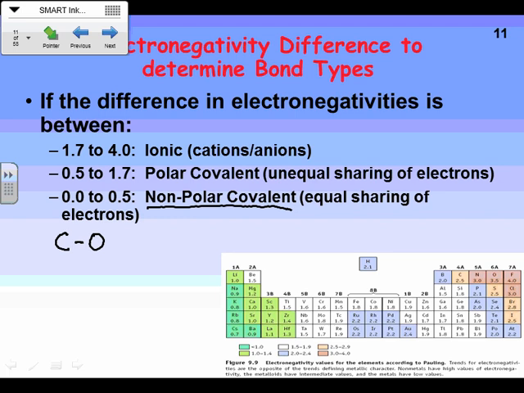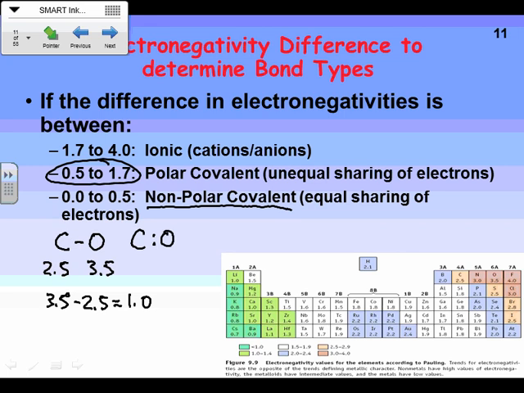Well, the oxygen has an electronegativity of 3.5. The carbon has an electronegativity of 2.5. So you take 3.5 minus 2.5 equals 1.0. So now we're in this range right here, the polar covalent. There's an unequal sharing of electrons. So you've got electrons in between the carbon and the oxygen.